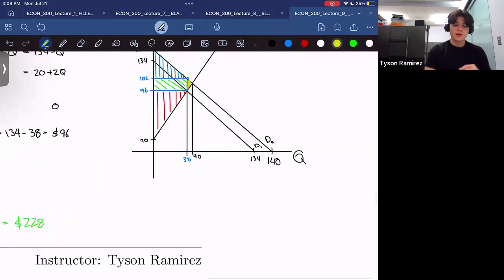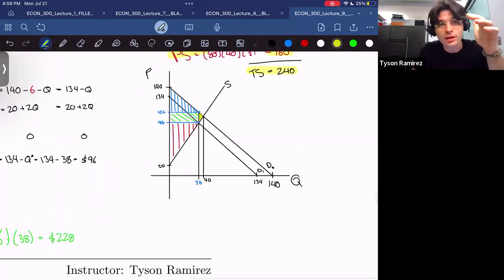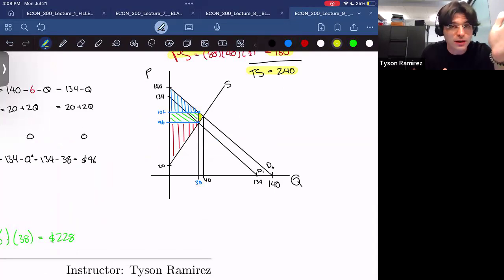It's harming the consumers, they have to pay a higher price. So that's not good. It's harming the producers too, since consumers have to pay a higher price, they're not going to want to buy as much stuff. And if consumers are not buying as much stuff, producers are not making as much money.